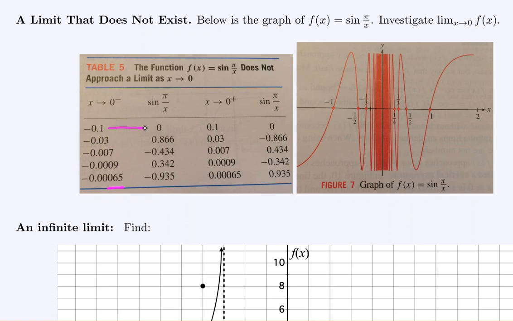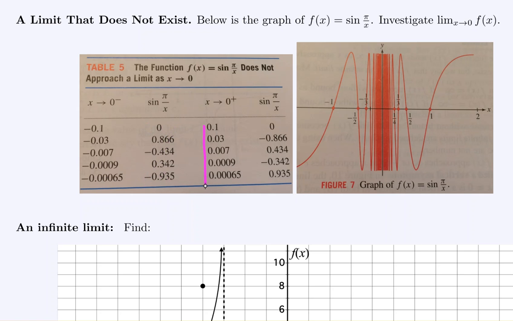At first the output value is 0, then it's 0.86, so it jumped positive, then it's negative 0.434, so it jumped negative, but it seems like we're getting smaller. But then it jumps positive again, and then it jumps negative even greater. So there's no real pattern to these output values. They're not getting closer and closer to anything. There's no pattern as we approach 0 from the left.